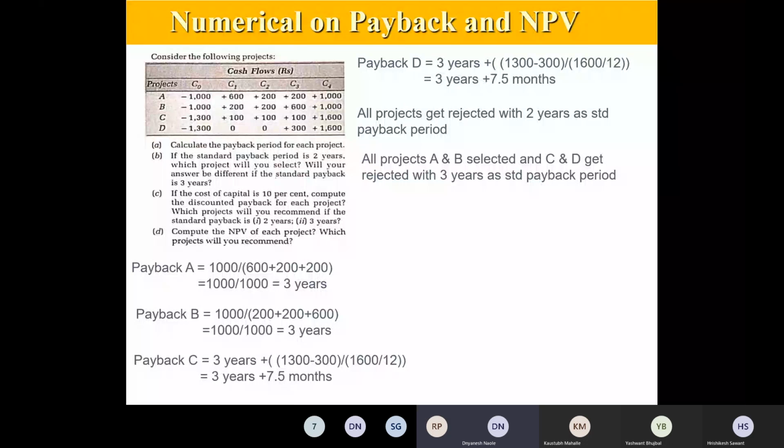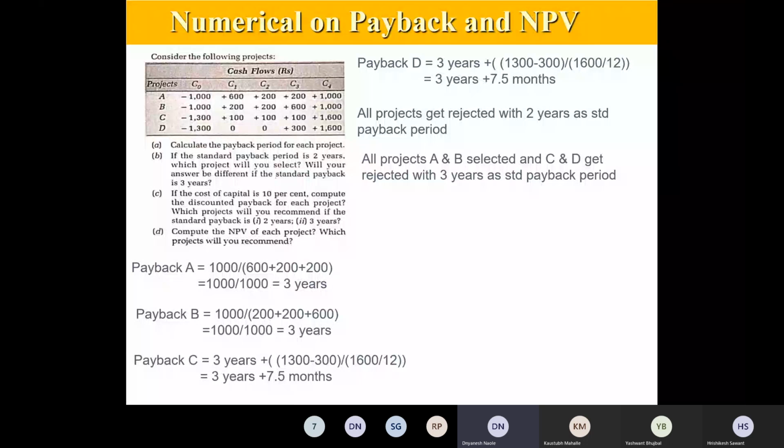Okay, so why? Because we are going to convert the future cash flows into present values by discounting at a particular rate. So this 600 after 1 year is not going to remain 600 today. It will be somewhat lesser at a particular discount rate. So calculation for A I will show you. You can do one of the projects and then we'll go ahead.